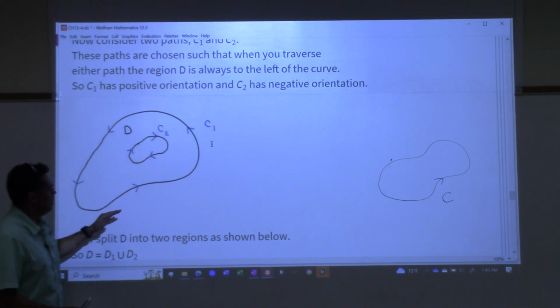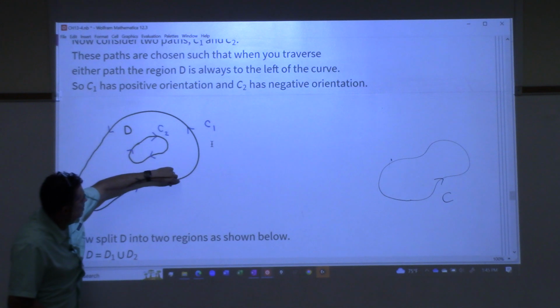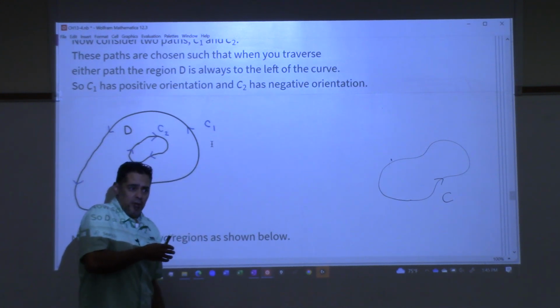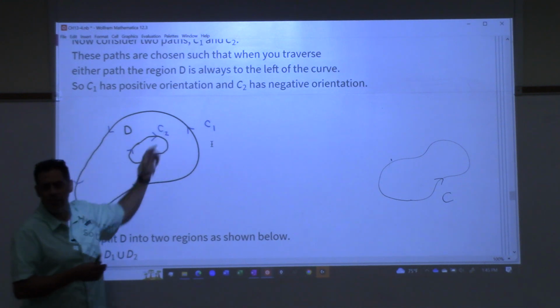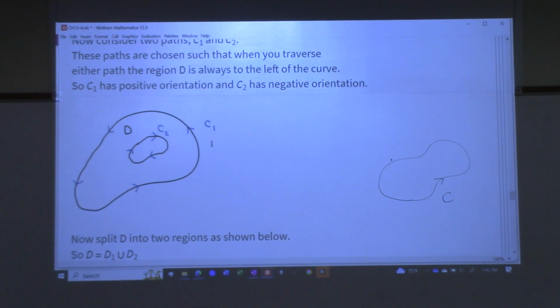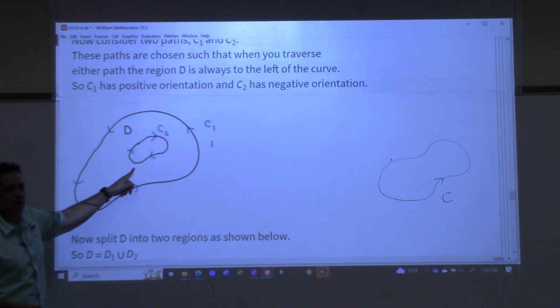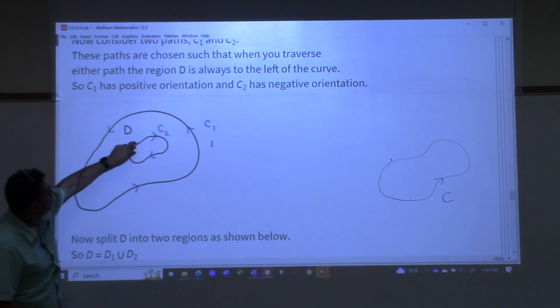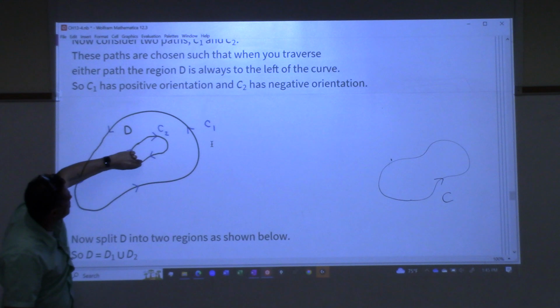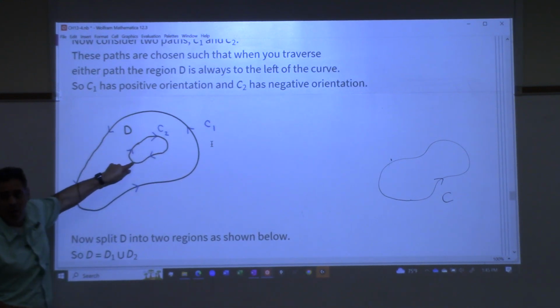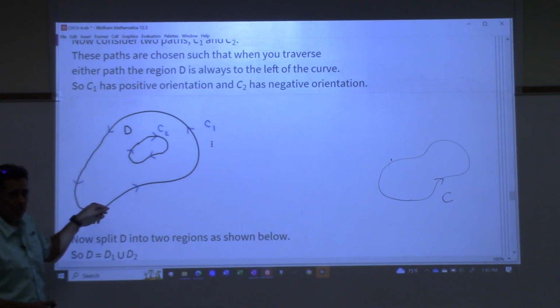But remember I told you if you walk along, positive orientation means you want your region down to your left. So do y'all see if you're walking along C1, you've got positive orientation? And then if I'm walking along C2, is it positive orientation? No, right? It's negative. Because if I walk around here, where's the region? It's to my left, right? But I'm going clockwise instead of counterclockwise, right?